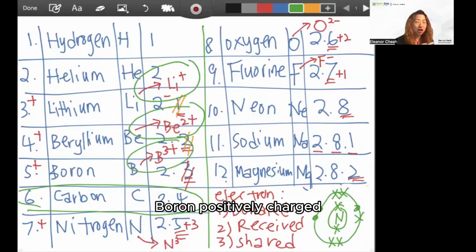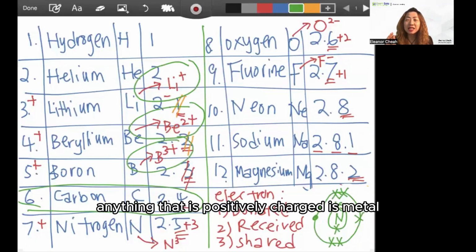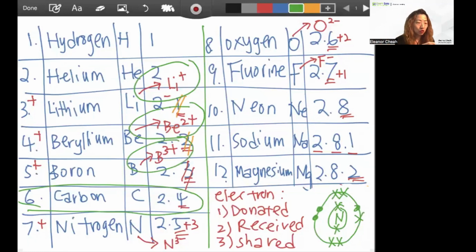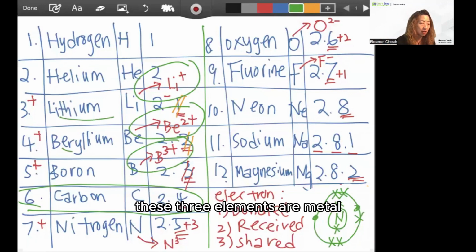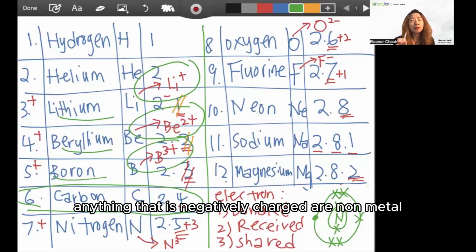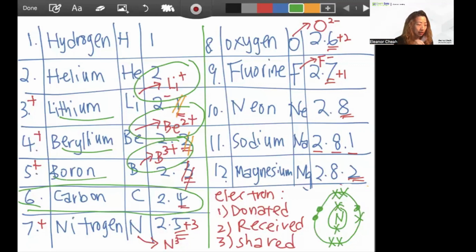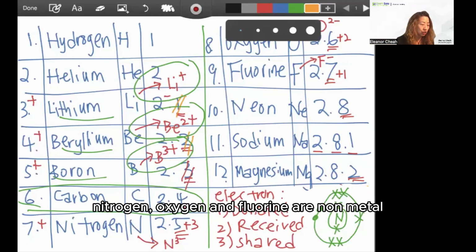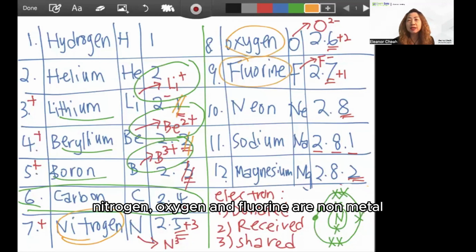Boron, positively charged. Anything that is positively charged is metal. So these 3 elements are metals. Anything that is negatively charged is non-metal. Therefore, nitrogen, oxygen, and fluorine are non-metals.